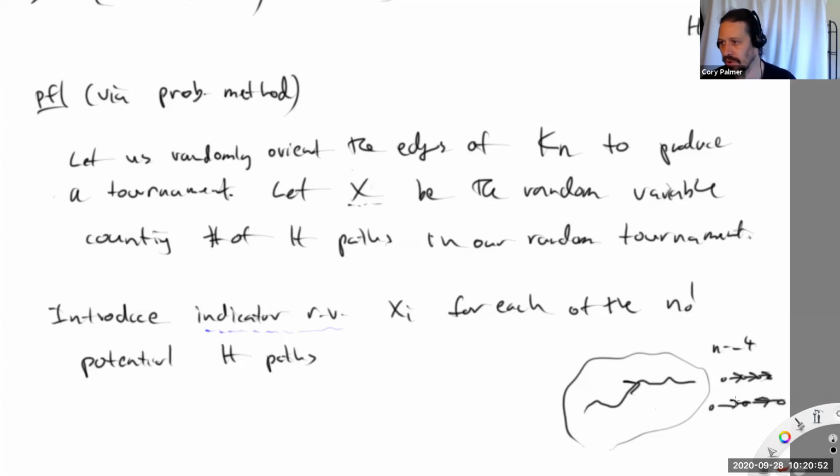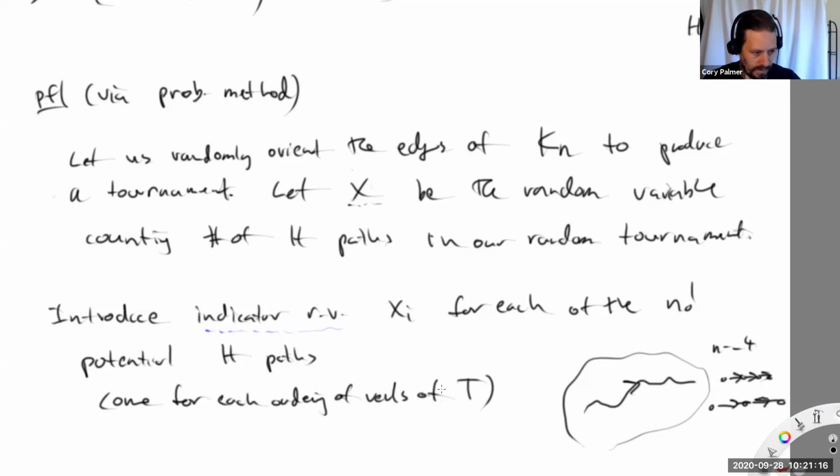That's another ordering of the vertices. So anyway, I shuffle up the vertices. That tells us that might be a Hamiltonian path by going in that very specific order. Again, that relies very much on the vertices being labeled, right? So let me put this: one for each ordering of the vertices of the tournament T. So anyway, you order those, there's a candidate Hamiltonian path.